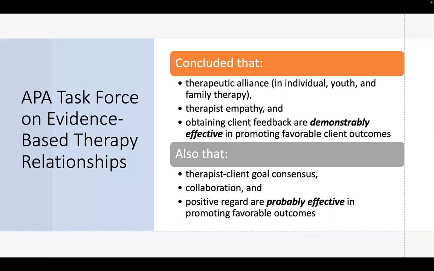And what they also found was that the therapist-client goal consensus, collaboration in therapy, and therapist positive regard for the client, or at least client perceived positive regard from the therapist, were probably effective in promoting favorable outcomes, which, as you can see, cut across all theories that we've learned so far. So these are considered some of the common factors. That also ultimately just means what exists within therapy that is not specific to a model.